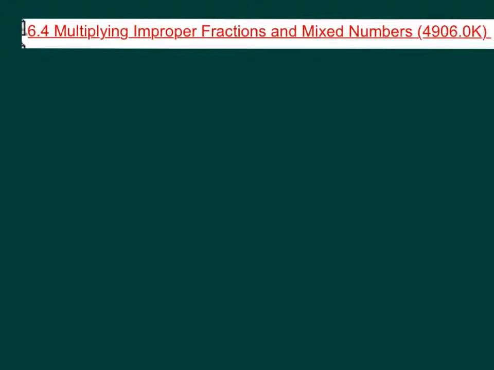So sometimes you'll be multiplying improper fractions and mixed numbers. So here's what we're going to do. I'm going to give you an example of a mixed number multiplication. How about 2 and 1/2 times 2 and 1/2. Now we modeled this, but I'm not going to do the model. I'm just going to give you the rule.